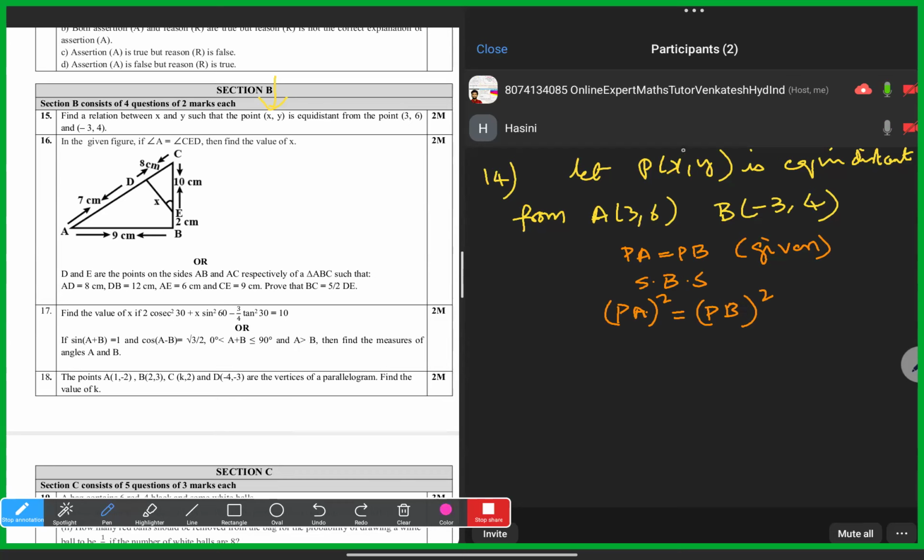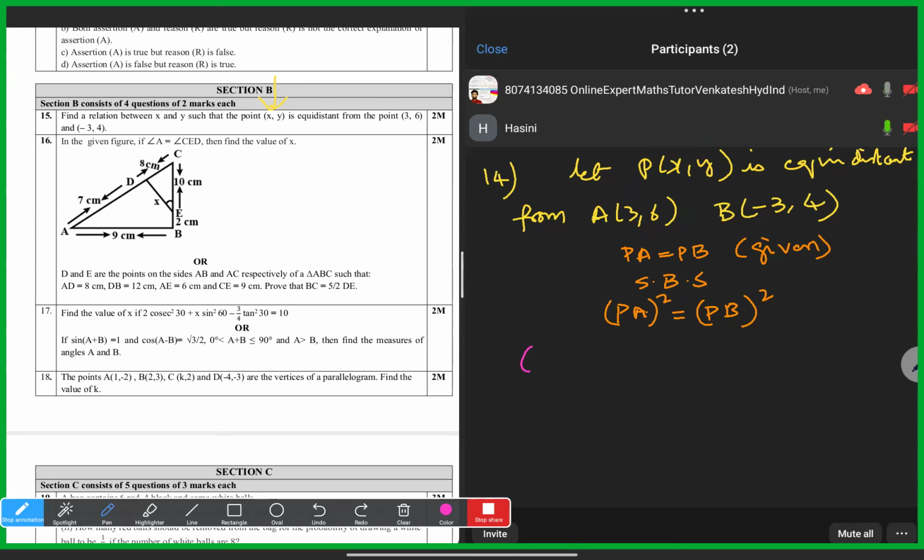For P and A, can you tell, Hasni, what I have to write for x2 minus x1 whole square and y2 minus y1 whole square? Distance formula, -3 plus 3 whole square. Under root? No need of writing the square root, because squaring on both sides we did, no?